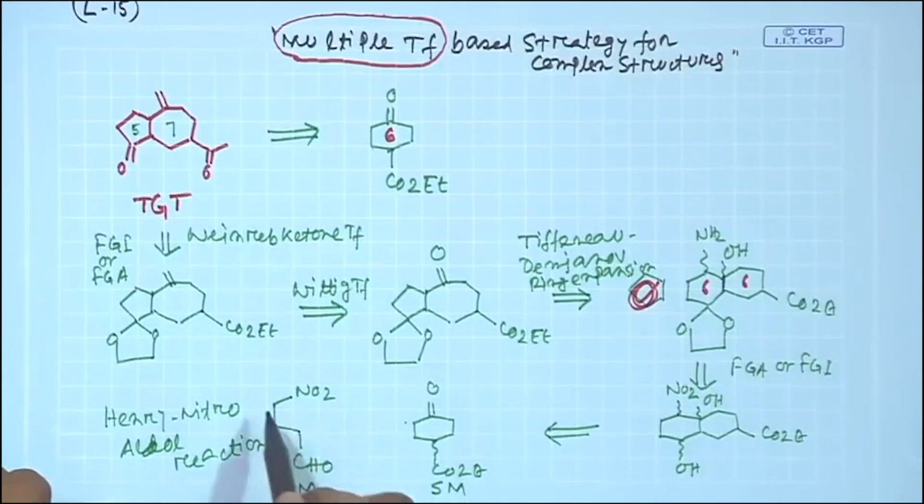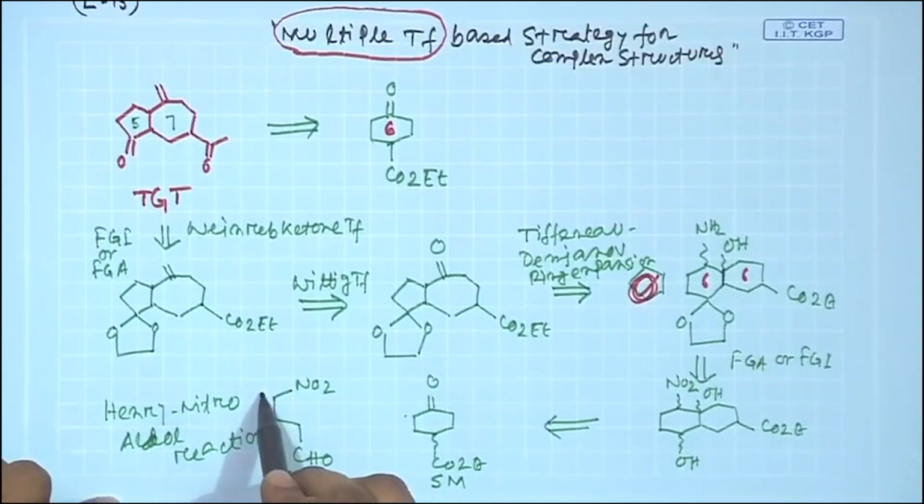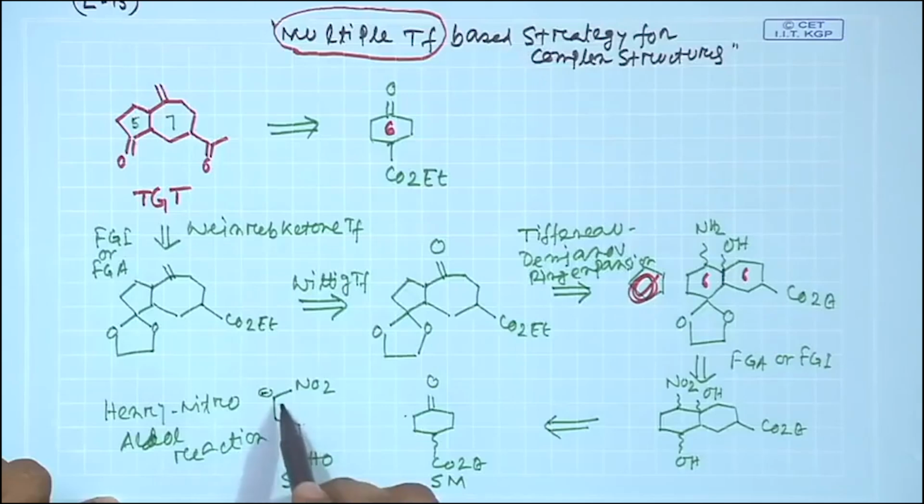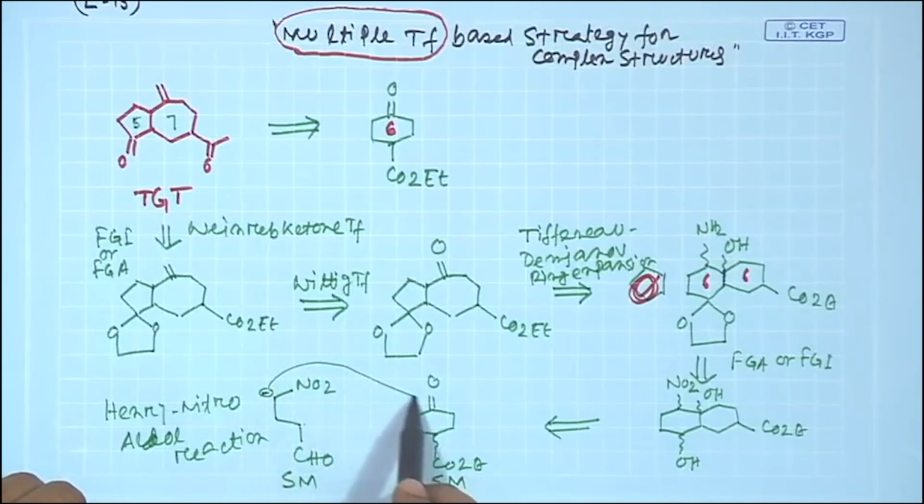Now, see this nitro is here and this aldehyde which also has alpha carbons, 1, 2, 3, 4, 1, 2, 3, 4. So, you can basically try to connect in this way and in this way, and that will basically give you the main thing.